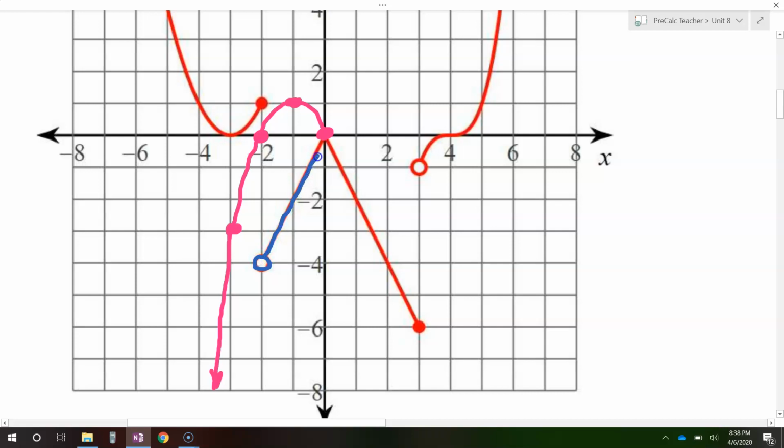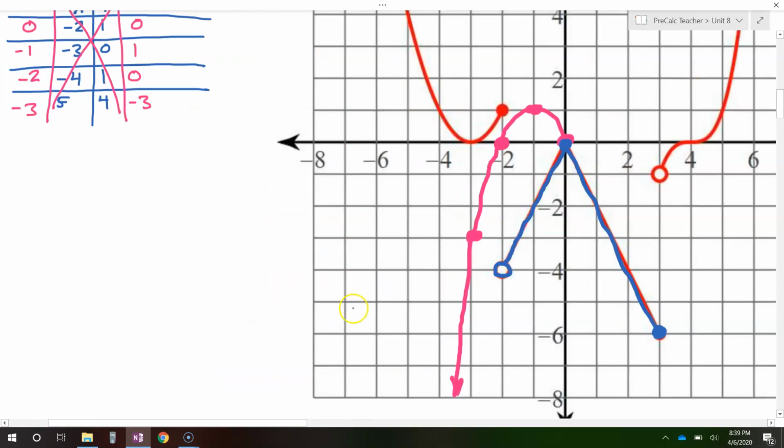Let's look at the key points. This is a key point, this is going to be a key point, and this will be a key point. Those 3 points are really enough, because we have straight lines, that will give us everything we need to draw this portion of the graph.